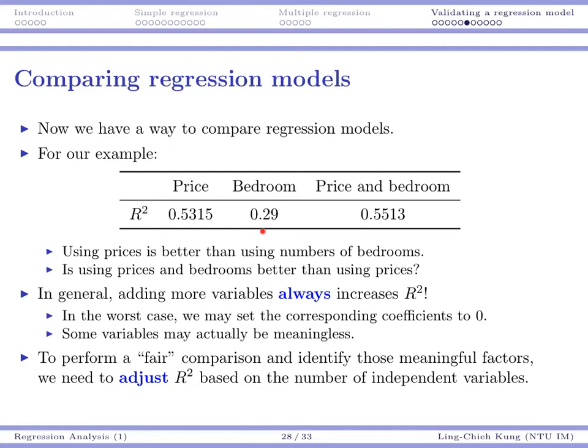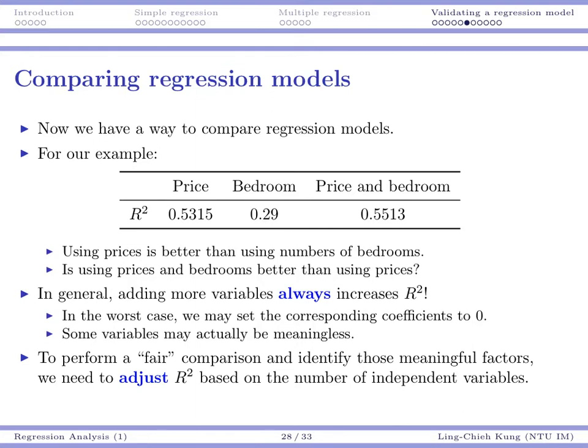But if you combine both of them, obviously we do not expect the R squared to be the sum of these two, because these two may somewhat conflict with each other. And eventually we see adding bedrooms into price only gives you around 2% more increase in R squared.